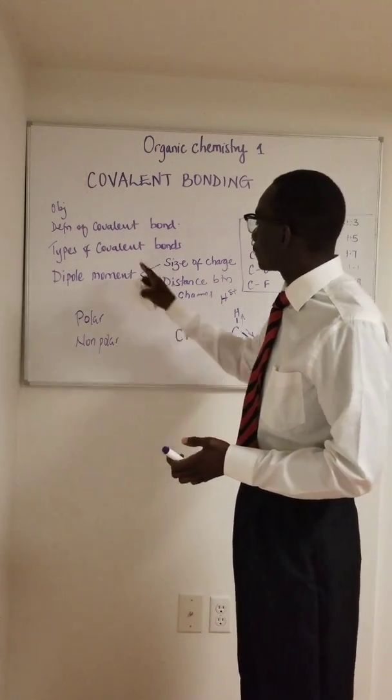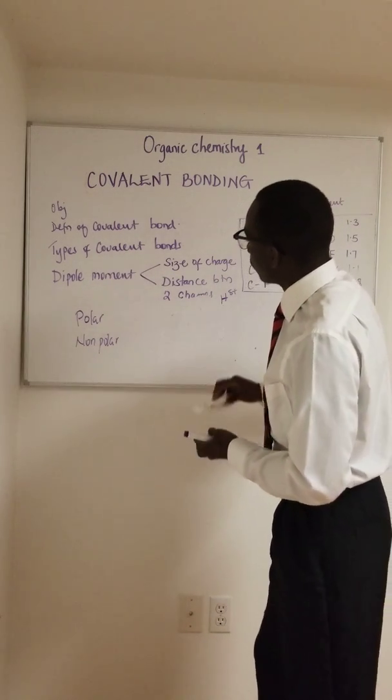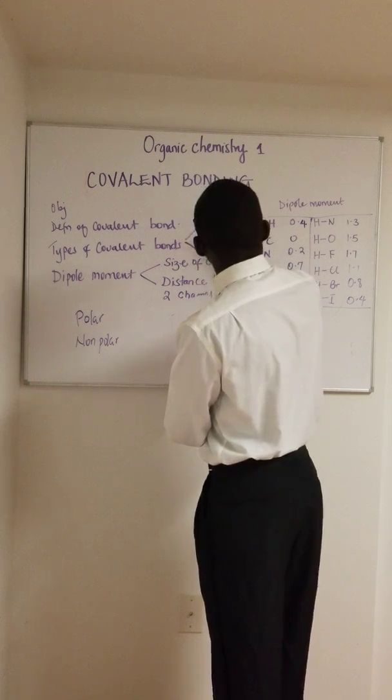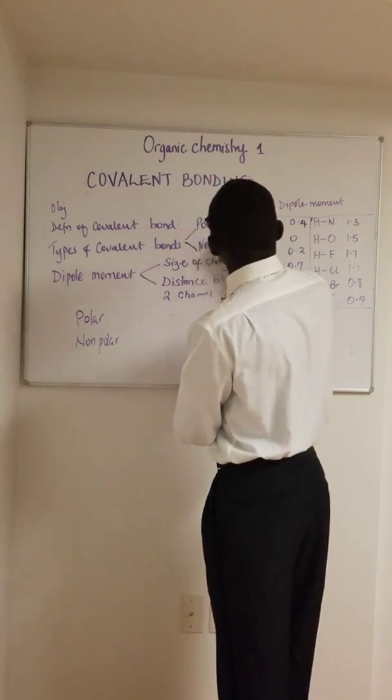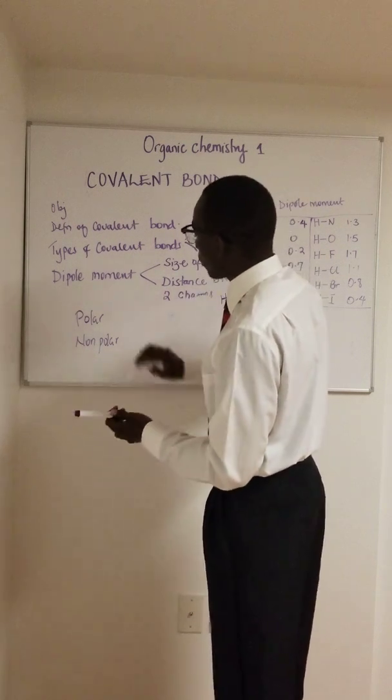So since we've seen the two types of covalent bonds, polar and non-polar, let us continue with the dipole moment.